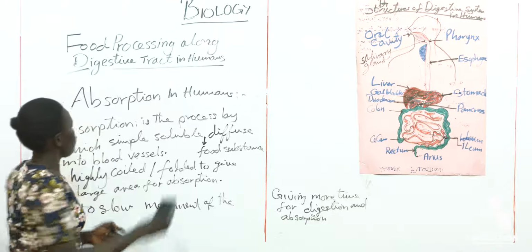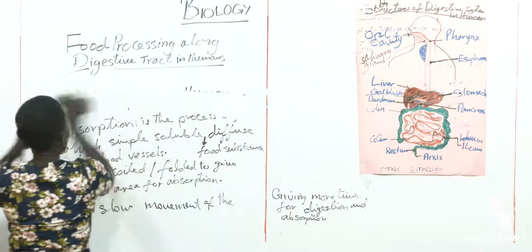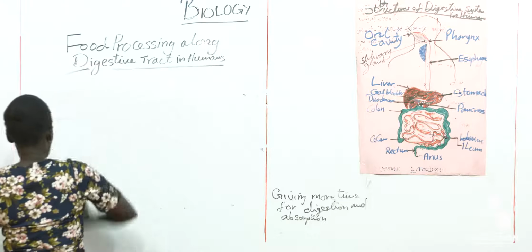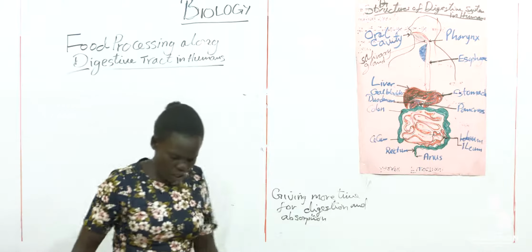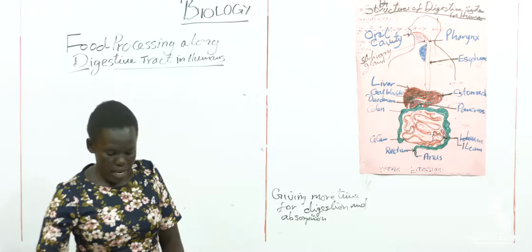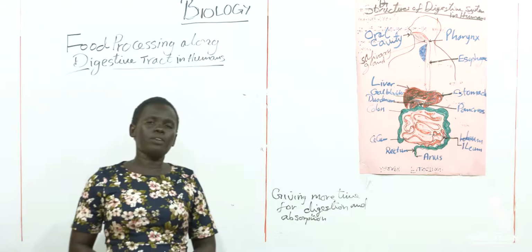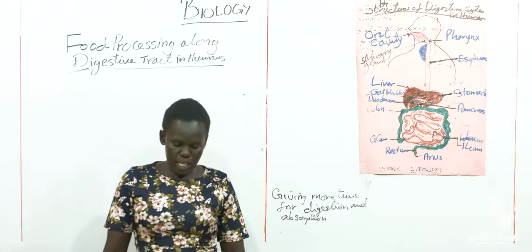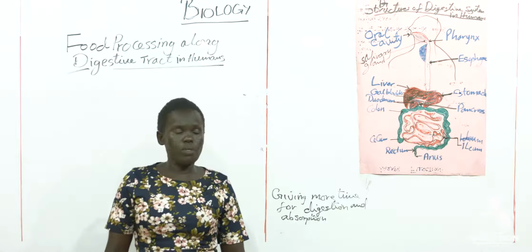Another adaptation of the small intestine, apart from these two, is that it has a high number of villi or microvilli on the inner surface to increase the surface area for absorption.